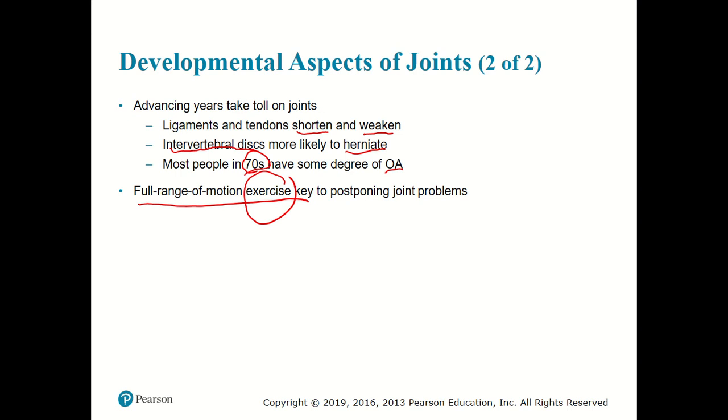So physical activity is really important throughout your life, and you'll see this in the joints. Exercise does a tremendous amount of other things too, but again, just another reason why exercise is really important.